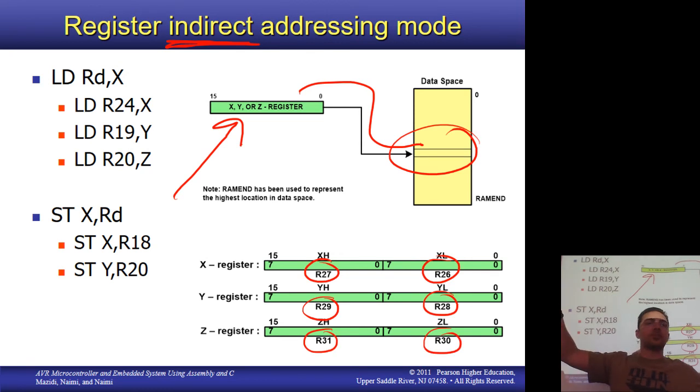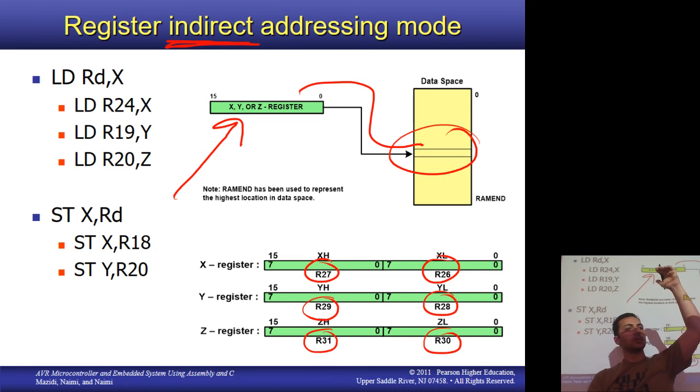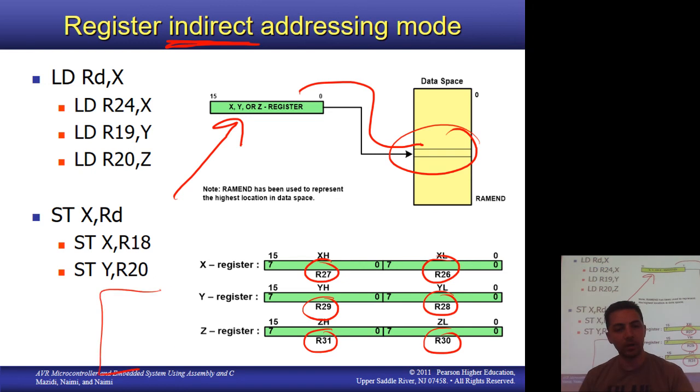The upper 6 registers are concatenated together to form 3 16-bit registers. We need 16 bits because our memory space takes up 16 bits. Remember when we first started talking about memory sizes, we said that memories have some number of address lines.